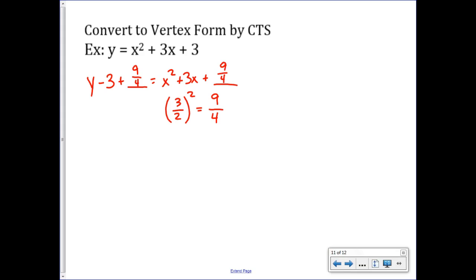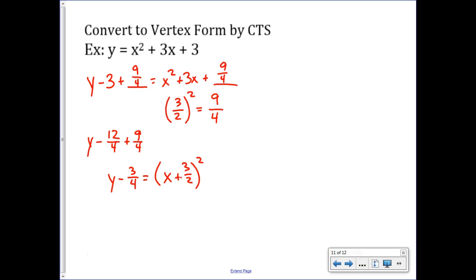So now, when I do that, one thing that helps me is I have 3, which is the same as 12 over 4. So I have minus 12 over 4 plus 9 over 4. So that would be y minus 3 over 4. If I simplify that, is equal to x plus 3 over 2, since that's positive, quantity squared.